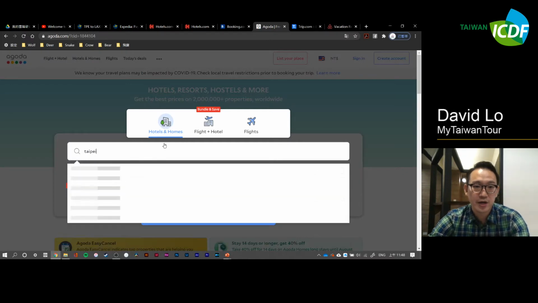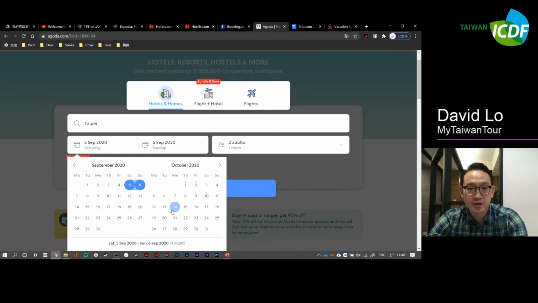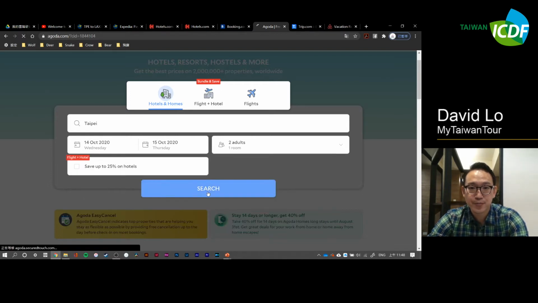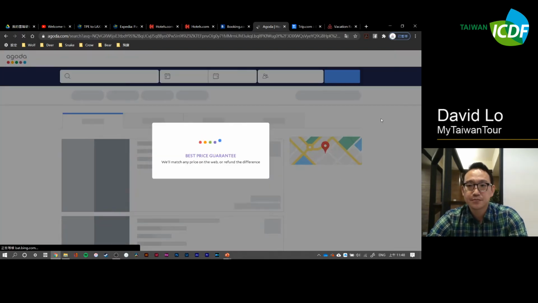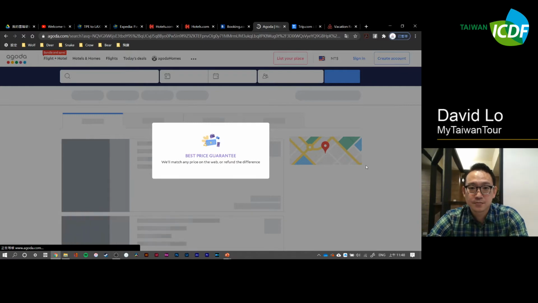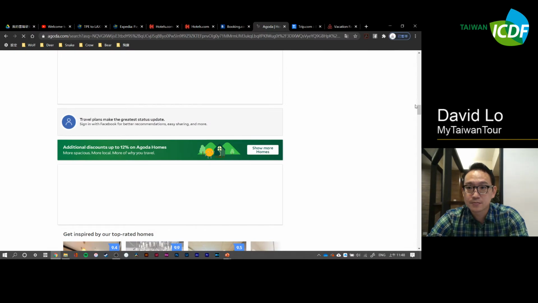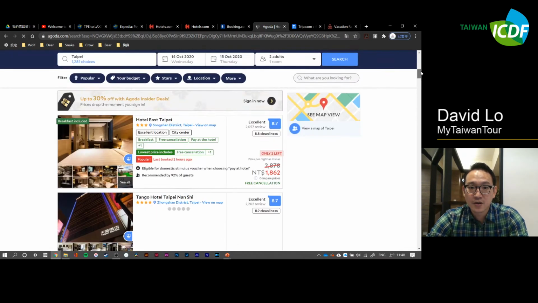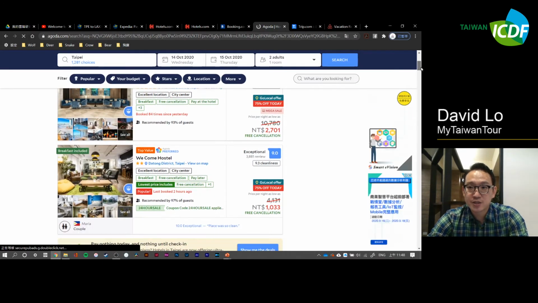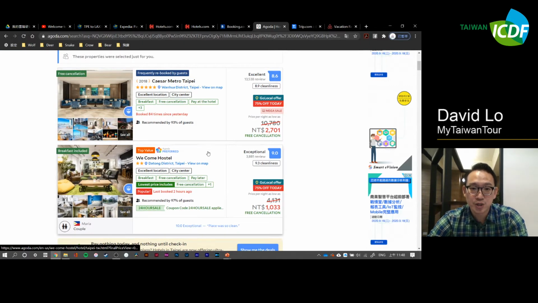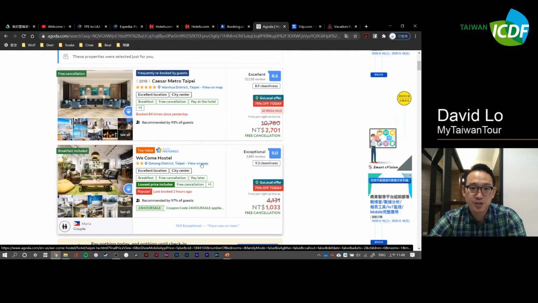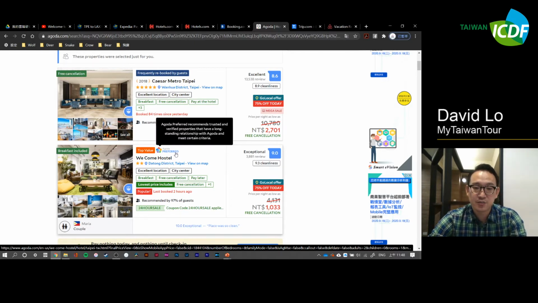For example, I search for Taipei for the hotels here. As long as you join certain promotions or online marketing with this OTA, like Agoda here, they will have an indication to emphasize this is a supplier they want to work with.